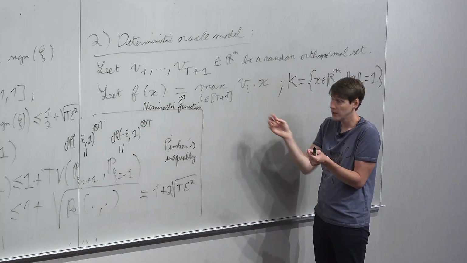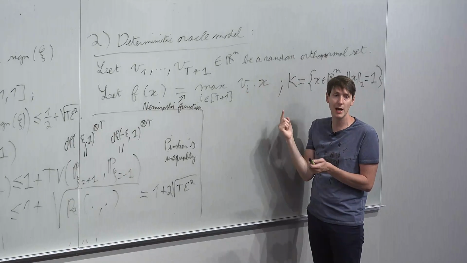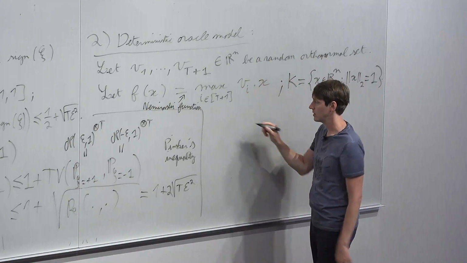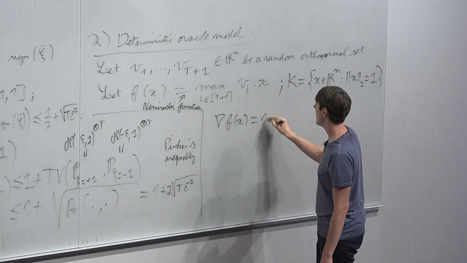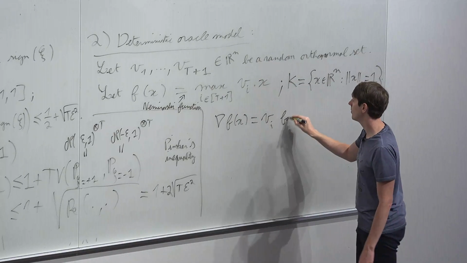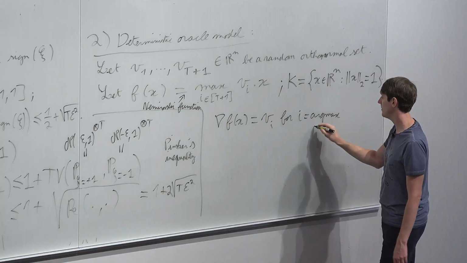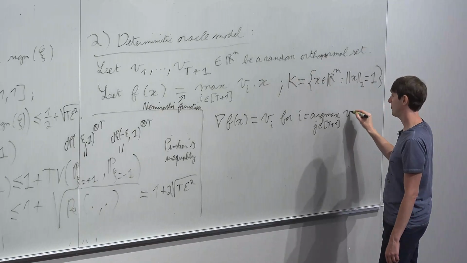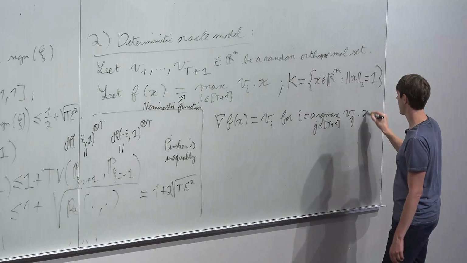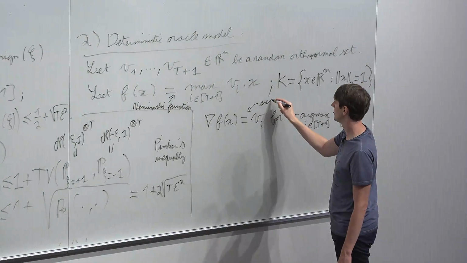So locally, this is a linear function whose gradient is exactly the v_i realizing the argmax. So the gradient of f of x is v_i for i the argmax over j in 1 through t plus 1 of v_j dot x, except for a set of measure 0.